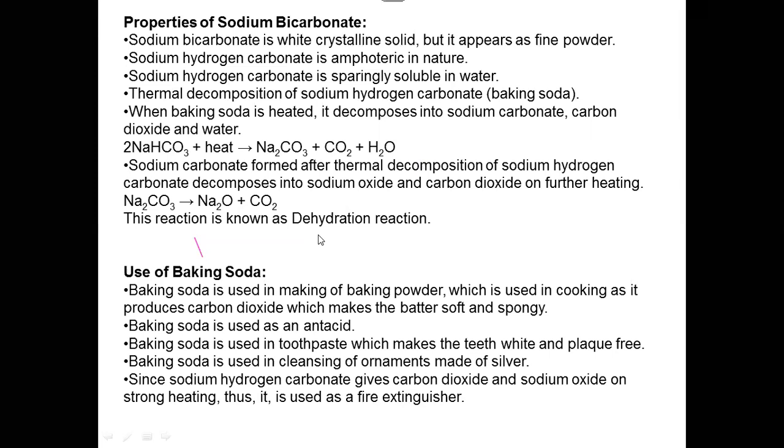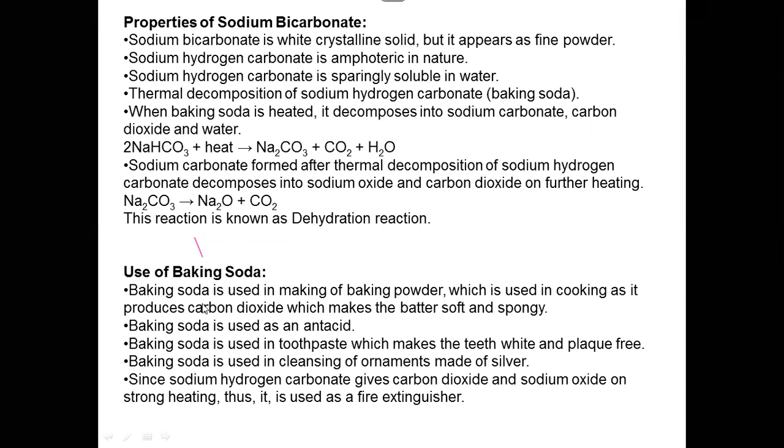Sodium carbonate is formed by thermal decomposition of sodium hydrogen carbonate. So this reaction is called a dehydration reaction because H2O is given out in this reaction.